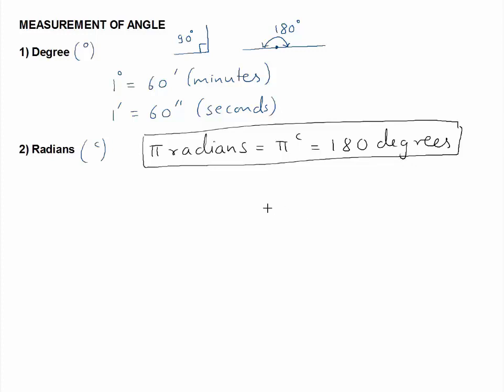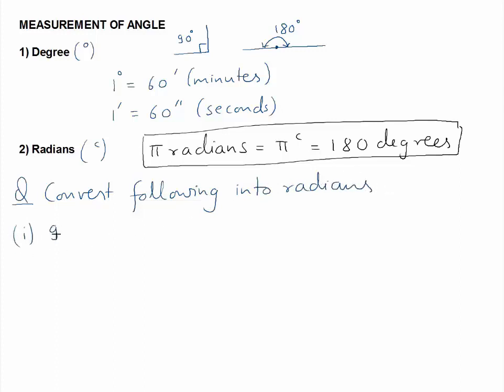So let's do a few questions. Let's say we need to convert the given angles into radians. So first is 90 degree. We need to convert 90 degree into radians.